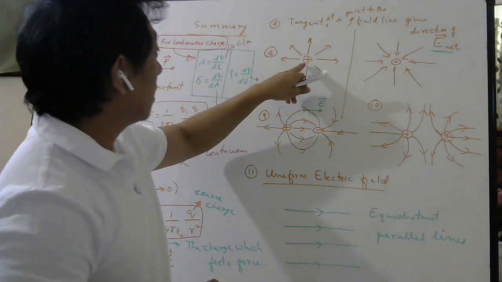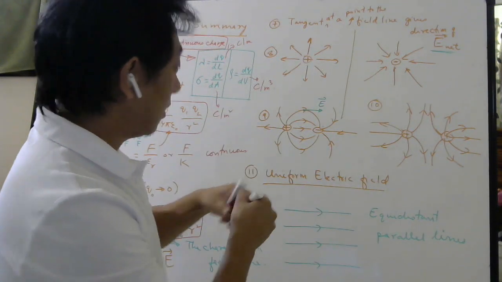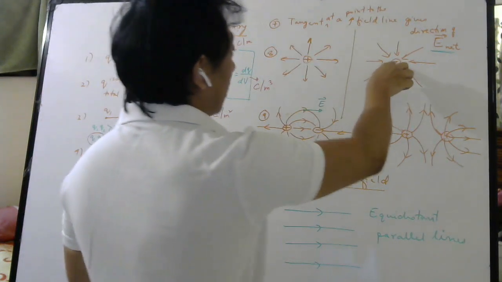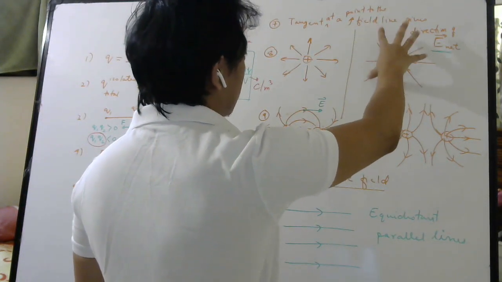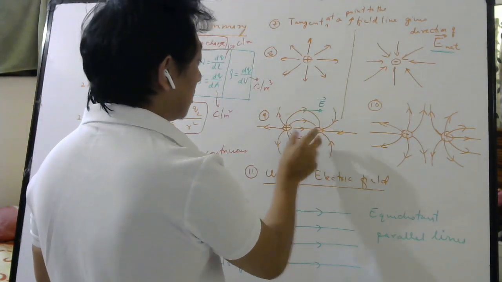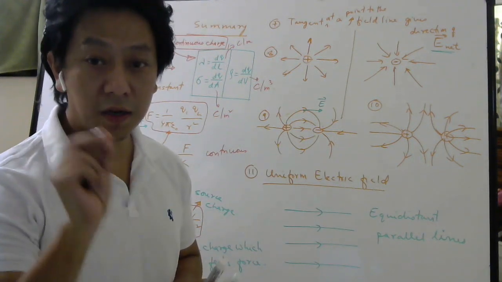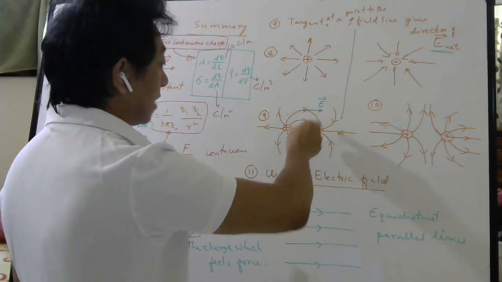If your point charge is positive, electric field will be radially outwards. So it starts with positive charge, and if it is negative charge, it will be radially inwards. If plus charge and minus charge are close to each other, and such a system is called electric dipole, then electric field lines look like this.